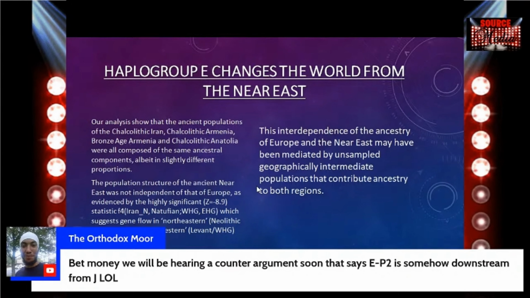This interdependence of the ancestry of Europe and the Near East may have been mediated by unsampled, geographically structured populations that contribute ancestry to both regions. They're saying that they may take some samples of other bodies they found and find something different, but right now this is what they got.